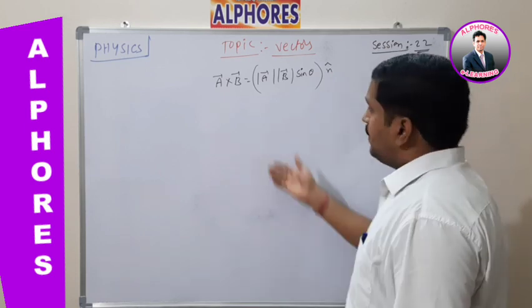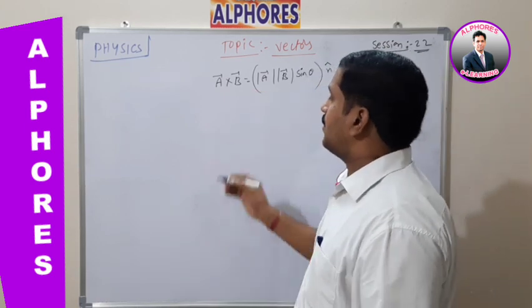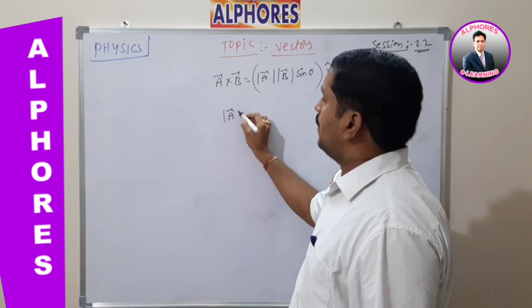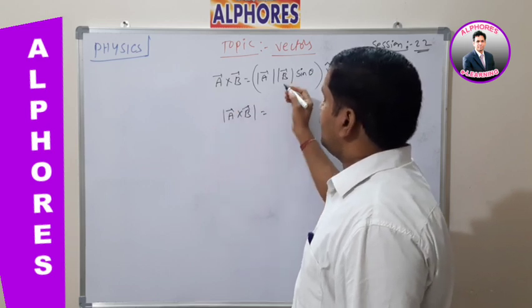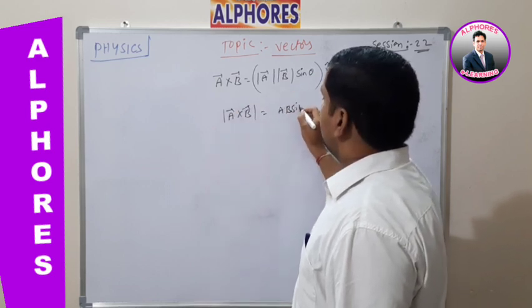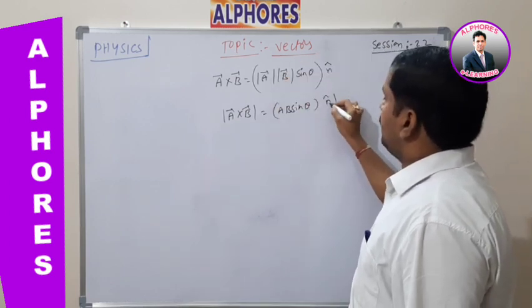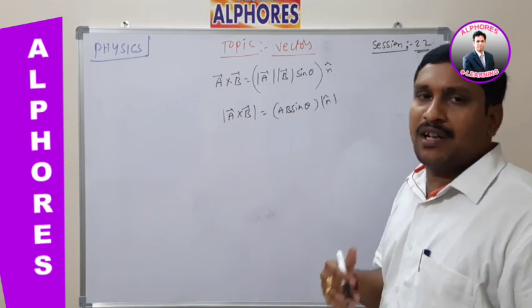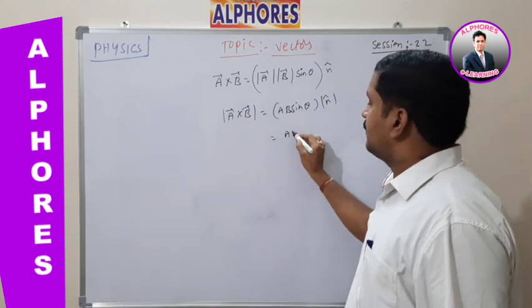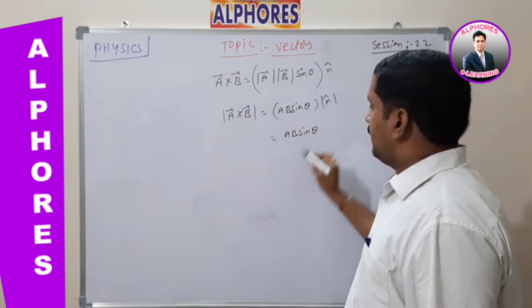What is the magnitude of this cross product of vectors? It is AB sin theta into the magnitude of the unit vector. The magnitude of a unit vector is always 1. That means here it is AB sin theta.